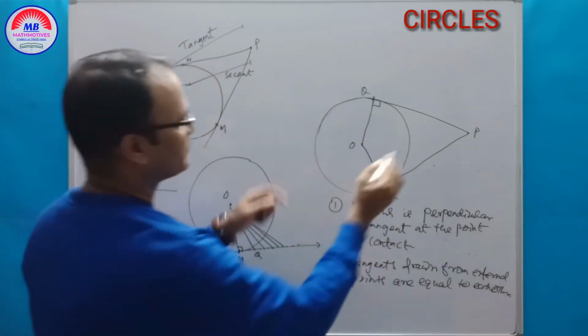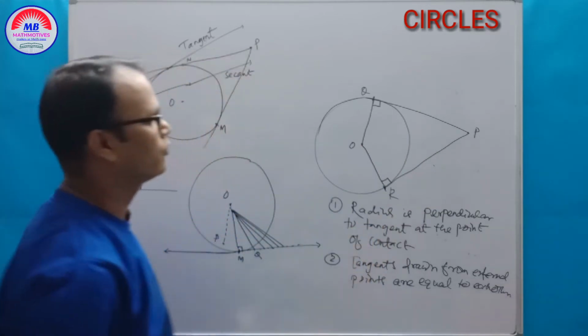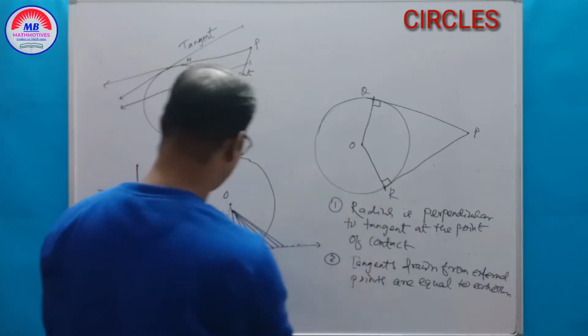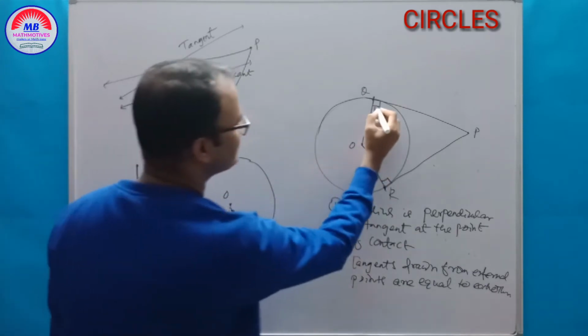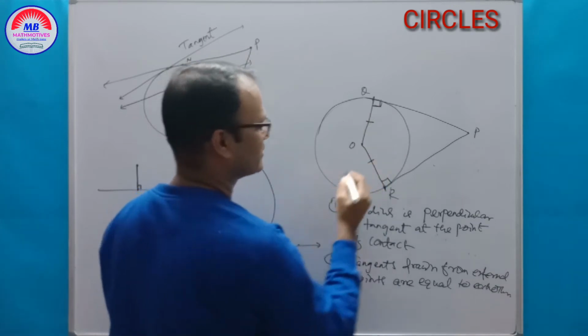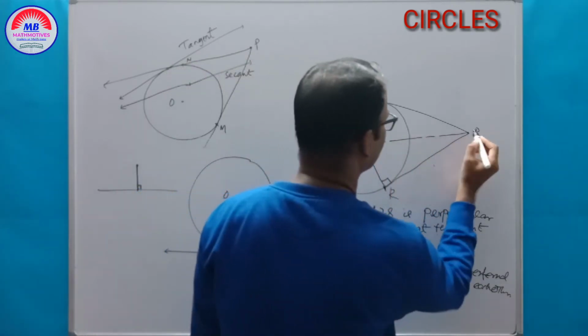Okay, you see, PQ equals PR. You have to prove PQ equals PR. How? First, we get that the angle is 90. Now, this is the radius. Now join this one.